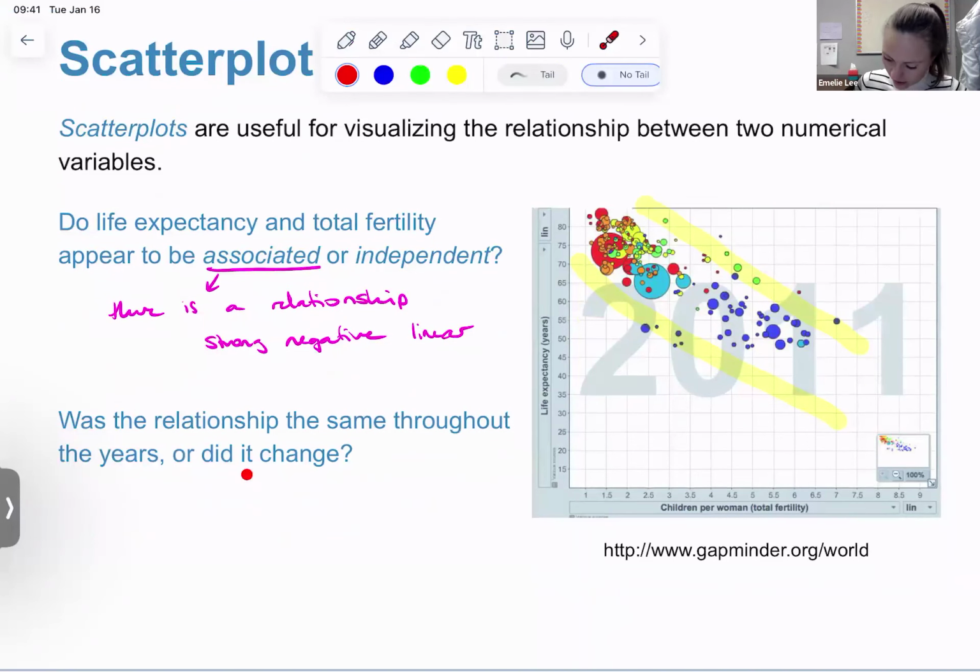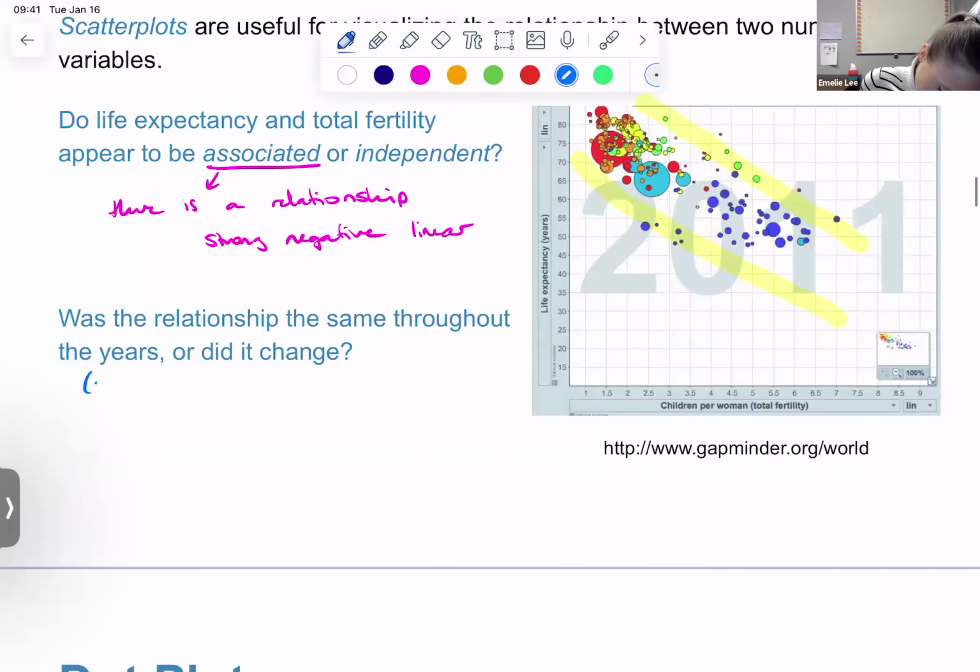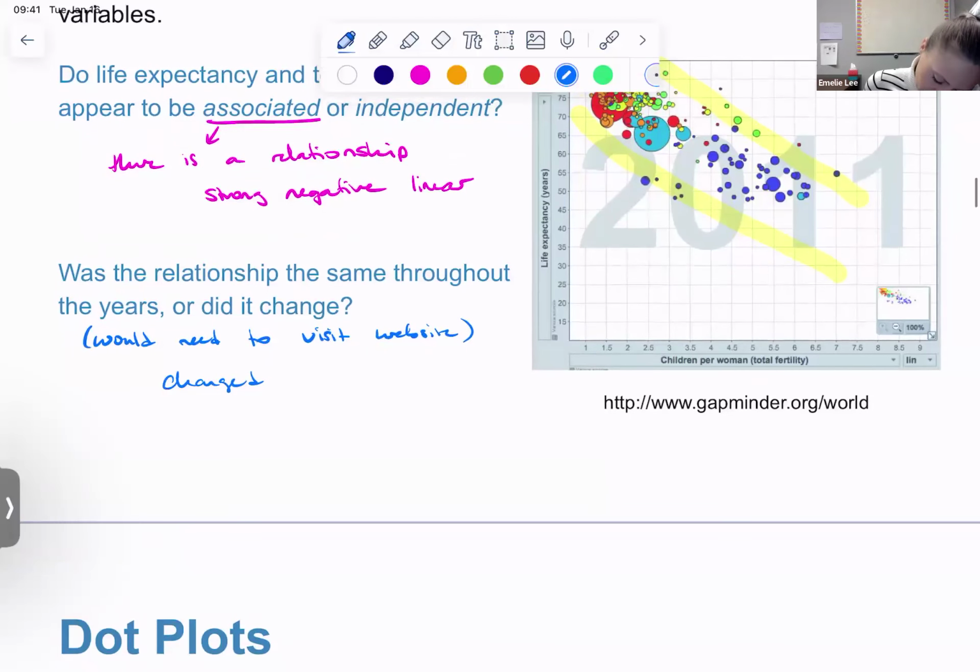And then here, we'd have to go on the website. We can only see 2011, but what we would see, you would need to visit the website, is that the relationship changed over the years.